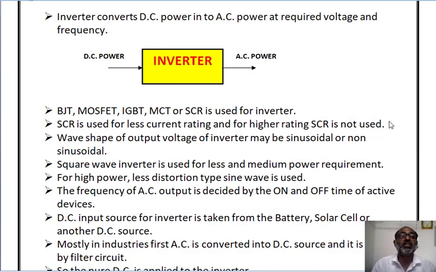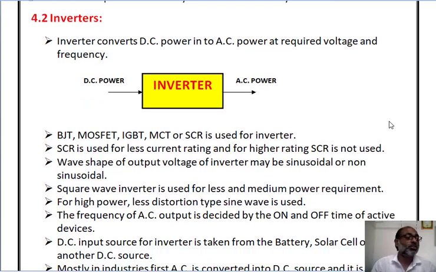Now first, let us see what an inverter is. As I already told you, an inverter is a device used to convert DC power into AC power at the required voltage and frequency. Mostly in inverters we use BJT, MOSFET, IGBT, MCT or SCR.